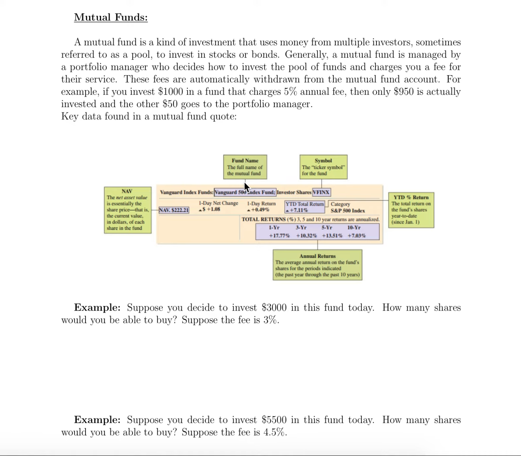So it's better because it's a lower risk because your money's more spread out, but also the manager charges you a fee. So if you invest $1,000 in a fund where the manager's charging you a 5% fee, then only $950 is actually invested and the other $50 goes to the manager because he's essentially working for you, right? He's investing for you.